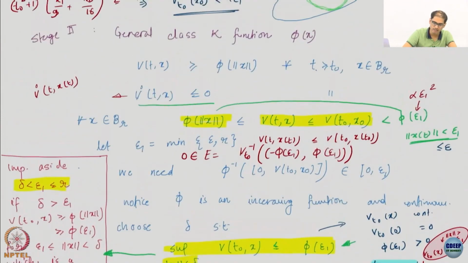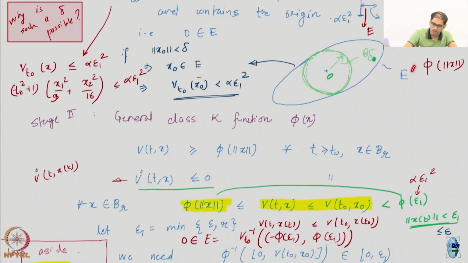So the set E is dependent on t0, and of course on t0 and epsilon, because epsilon is right here inside this. So E is a function of t0 and epsilon.